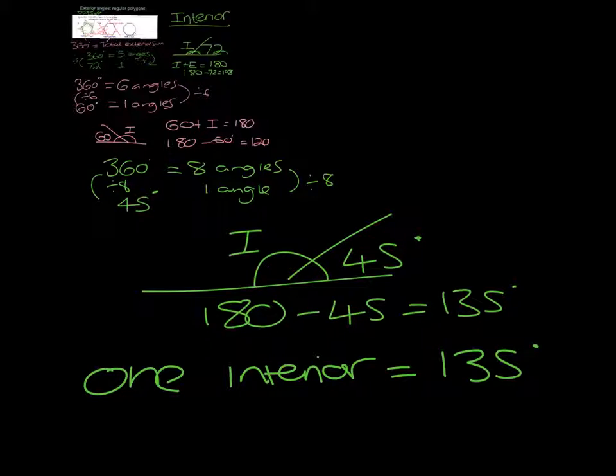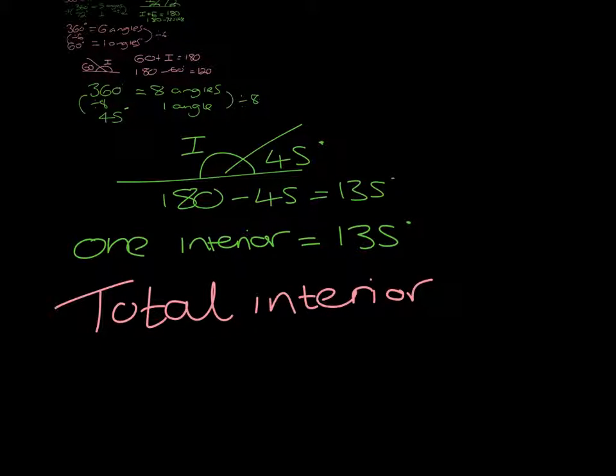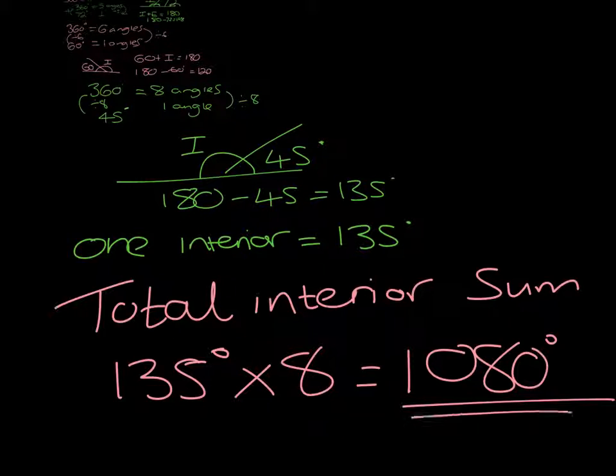If you're asked to do the total interior sum, what that means is what are all the interior angles added up together to make. If one of them is 135 degrees and there are 8 of them in the inside of that shape that make it all together, 135 times the 8 would give you the interior total sum of 1080 degrees.